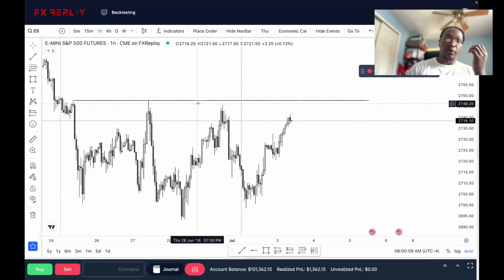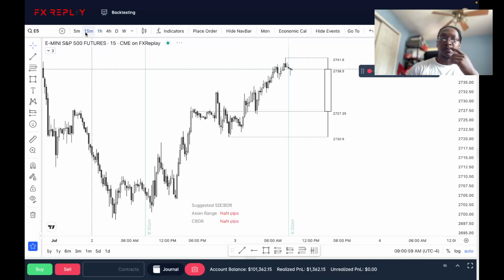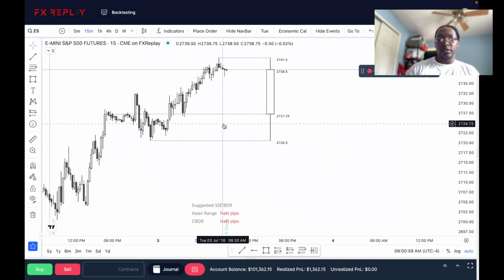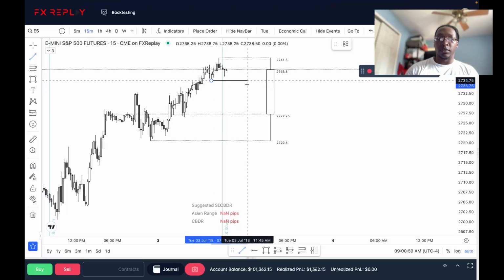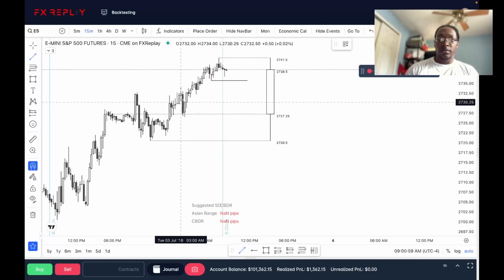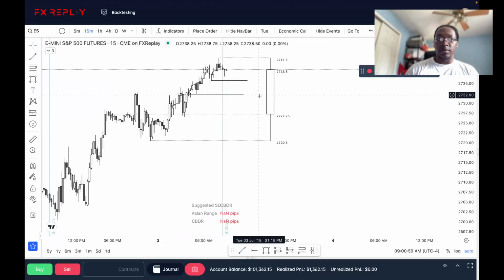So the draw may be these highs up here. What may happen is we get below this low here, come down into this order block, push higher.